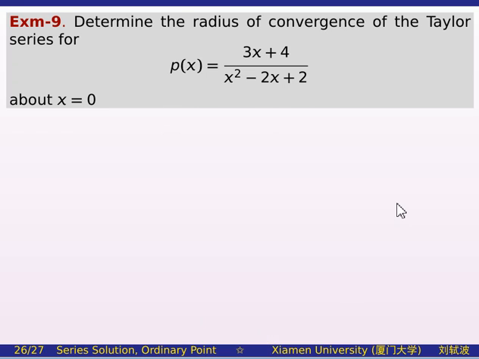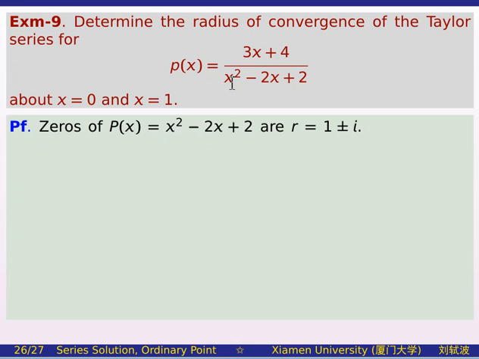Because this function is capital F divided by capital P, the first step is to find the zeros of the denominator, that is capital P. It is easy to see that the zeros of capital P, the denominator, are 1 plus i and 1 minus i.